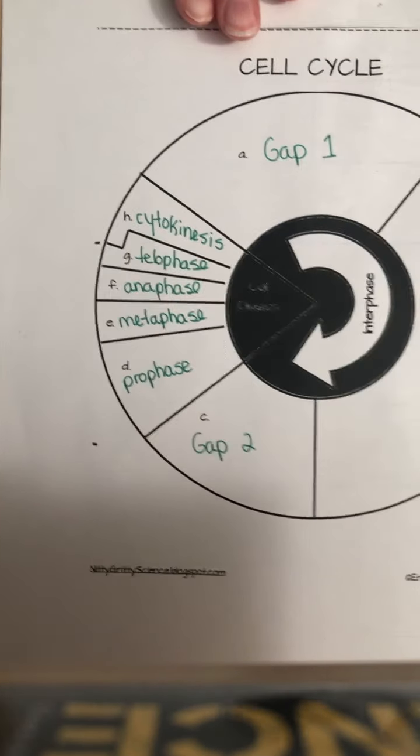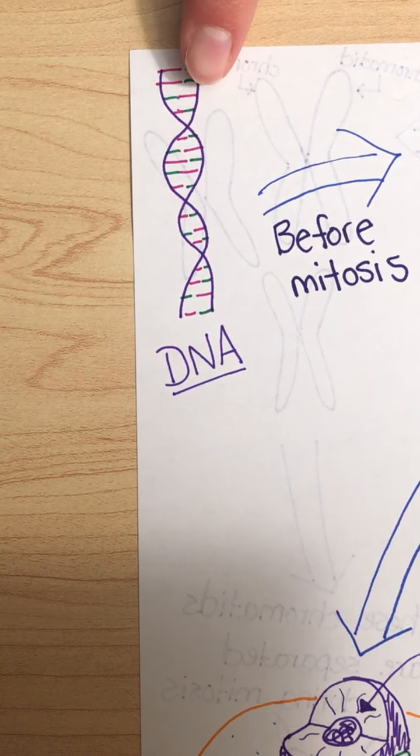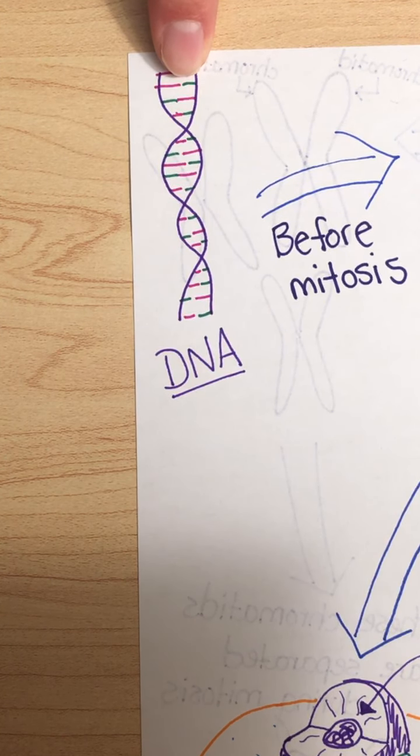But we're going to move in a little closer to talking about DNA, all right? So this is DNA. It's my drawing of DNA, so it's probably not very exact, but DNA is a molecule that is kind of wrapped together in a twisted ladder, okay? And that's kind of what it looks like, all right?